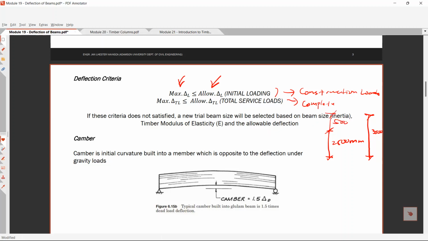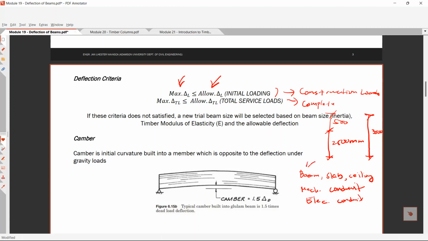So imagine puro beam na to, okay? Marami ka pang ilalagay diyan sa allowance na yan kasi may ilalagay ka pang slab, ceiling, ano pa? Conduit, mechanical conduit, at saka electrical conduit. Yan.